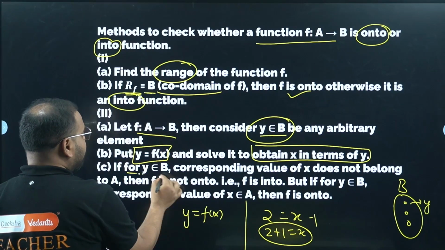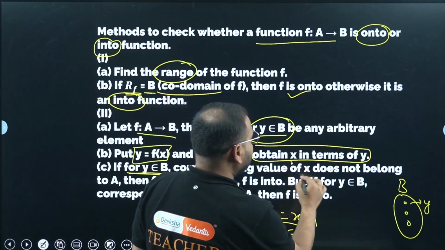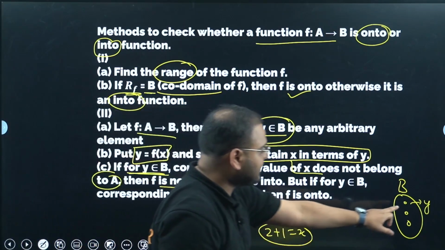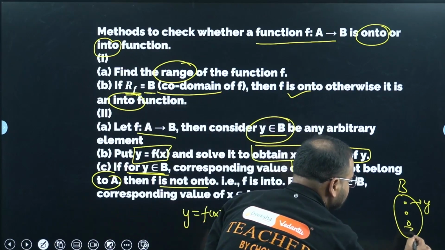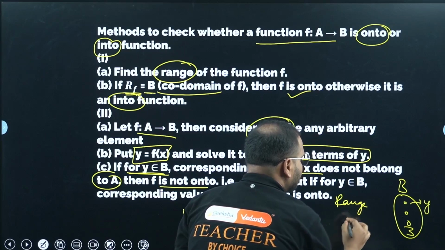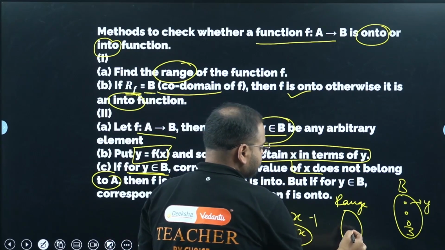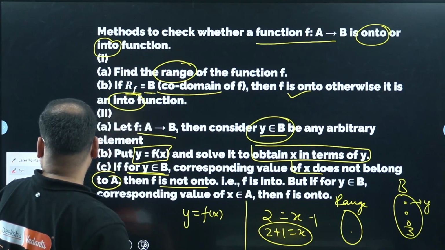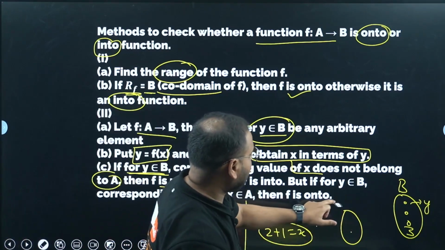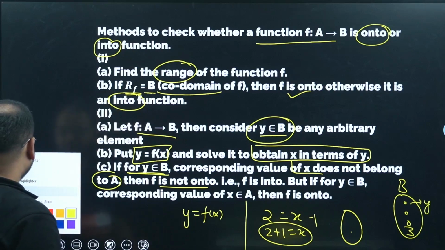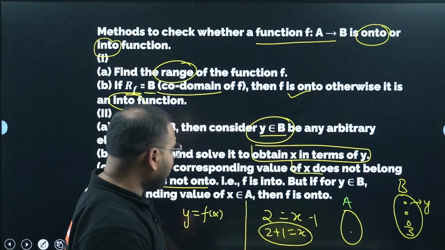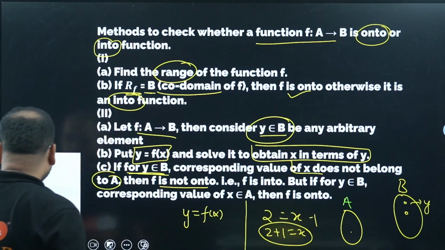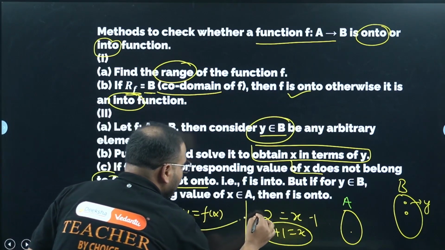Now, for every y equal to b, if x does not belong to A, then f is not onto. It means this x should be present in the domain, set A. Because we are taking 2 as my y value, 2 will be here.